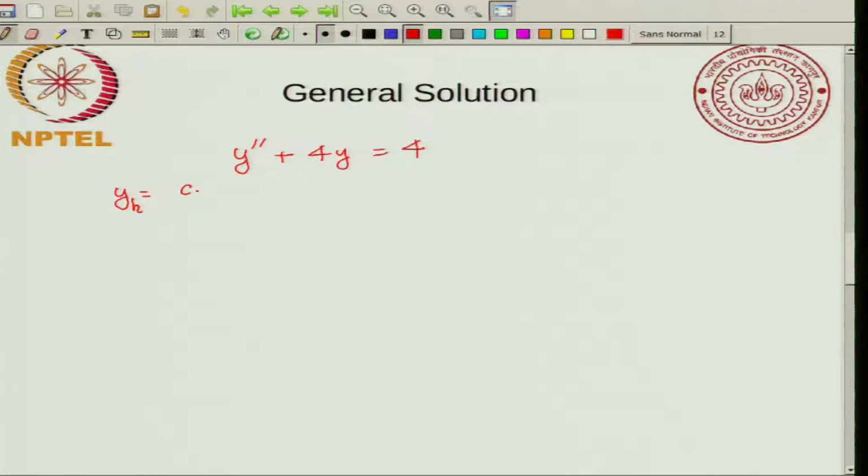So I can write y h as C1 cos 2x plus C2 sin 2x. It has two arbitrary constants.